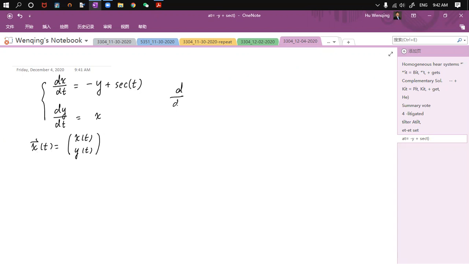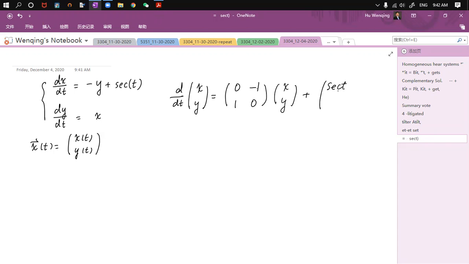Well, d by dt of (x, y) is equal to a matrix multiplied by (x, y). What will be that matrix? You have minus y, so you have minus 1 here, you have 1 here, and 0 and 0. And then plus the non-homogeneous term, which is secant of t as well as 0.